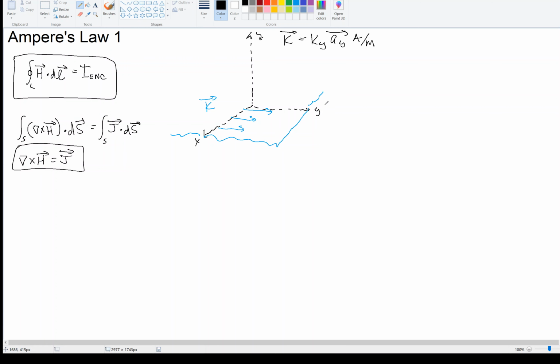But let's take the perspective from the positive y-axis. So suppose you're standing right here and you look this way. If that's the case, you would see the x-axis to your left like this, and the z-axis up and down. And suppose we have just two symmetrical lines of current.